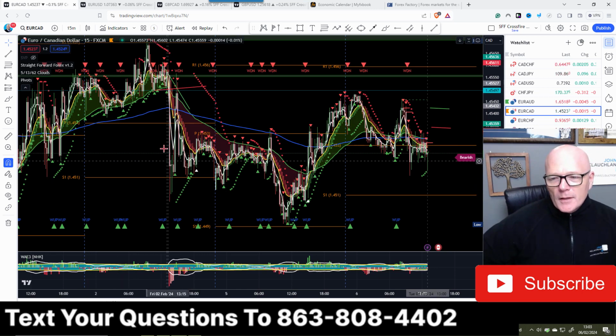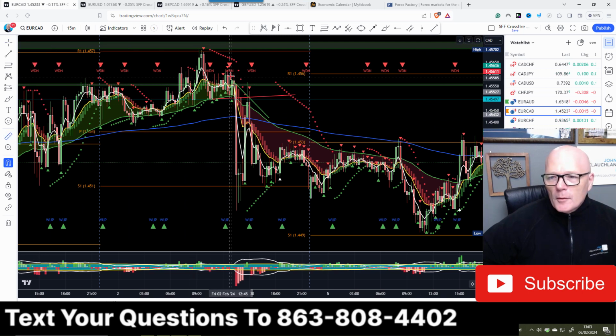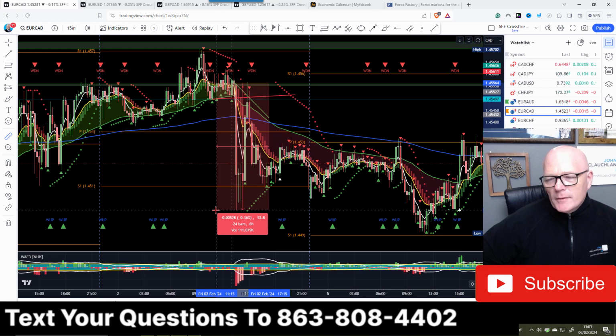This is a 15-minute time frame, so price came all the way down. If we measure this, take the magnet tool off, all the way down to here, we're looking at a 52 pip move in 15 minutes. Actually it was less than that, because it shoots down real quick.